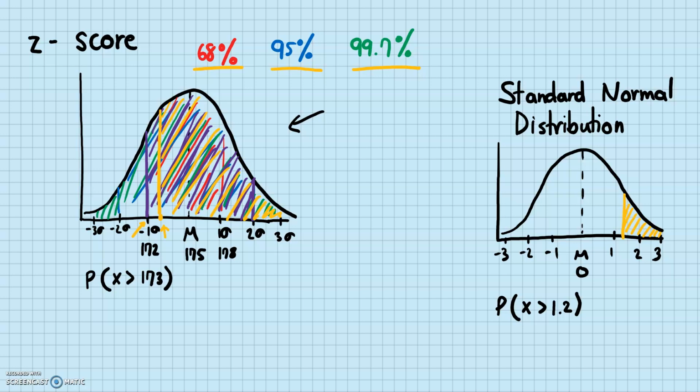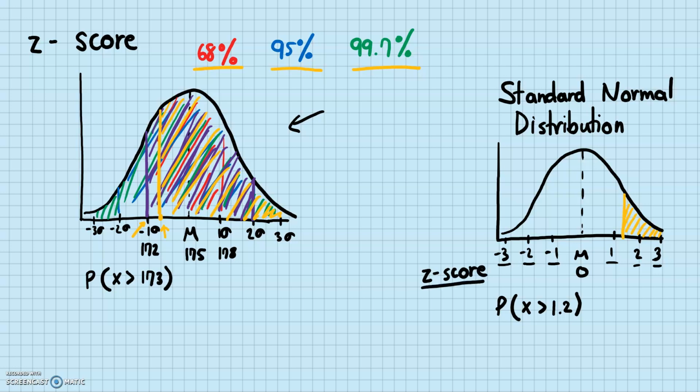Well, for standard normal distribution, what statisticians did is that they found the areas under the curve for even the sections between the standard deviations. And these standard deviations are actually what's called the z-score.